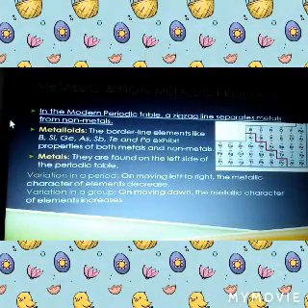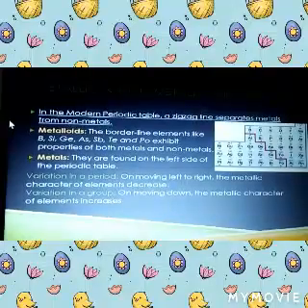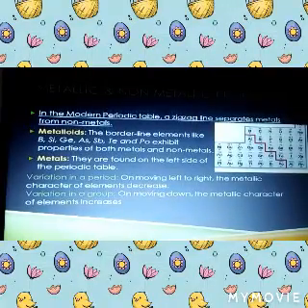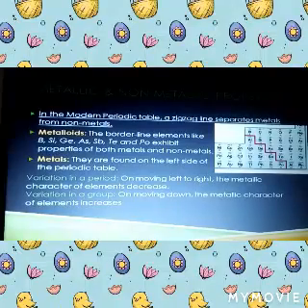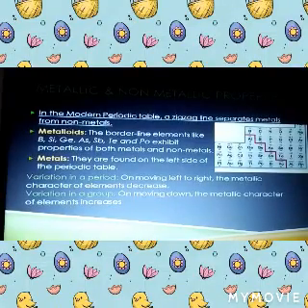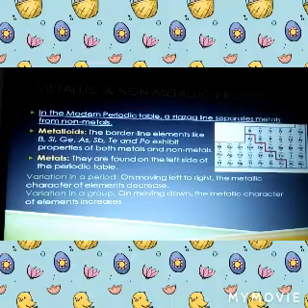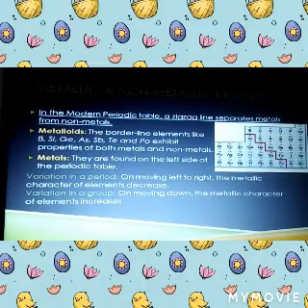Metallic and non-metallic properties. In the modern periodic table, a zigzag line separates metals from non-metals. The borderline elements like boron, silicon, germanium, arsenic, tellurium, polonium exhibit properties of both metals and non-metals. Metals are found on the left side of the periodic table.